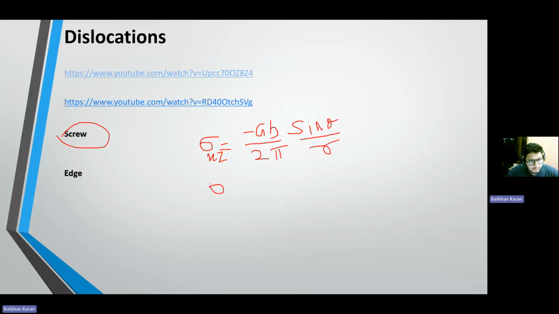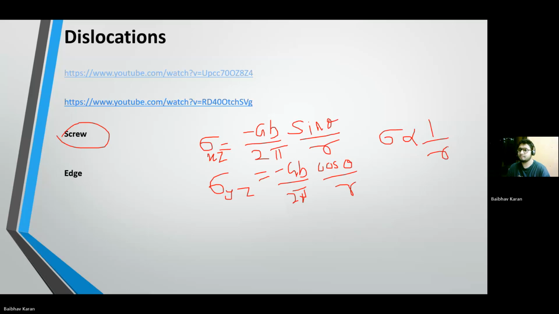Then another value we got for sigma yz is similarly minus Gb upon 2 pi cos theta by r. So this shows that the stress value is inversely proportional to r. So if r increases, stress decreases.